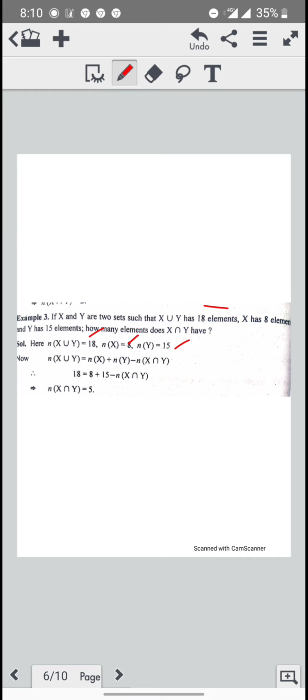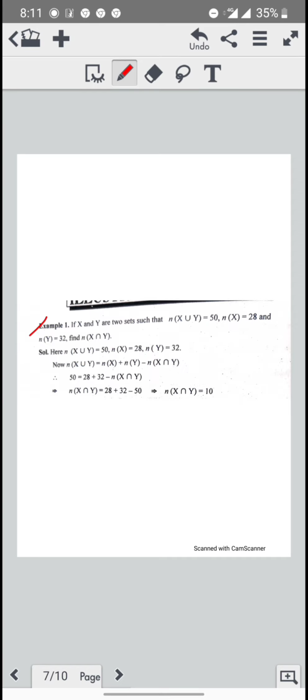According to the formula, n(x union y) is equal to n(x) plus n(y) minus n(x intersection y). Put the values of x union y, x and y in the formula. You get n(x intersection y) is equal to 5.